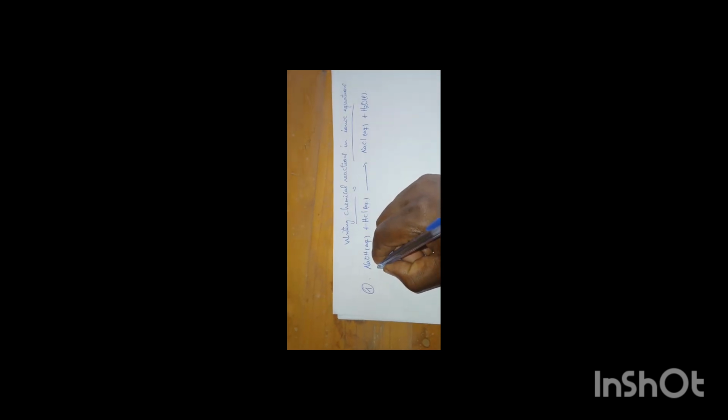The first step is to take those compounds which are in aqueous state and change them into ions. This means other compounds which are not in aqueous state do not change. Here, sodium uses 1 in a chemical bond.